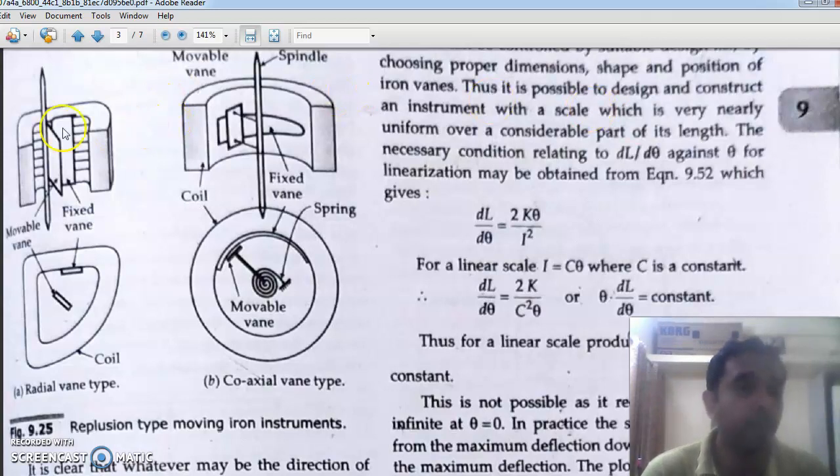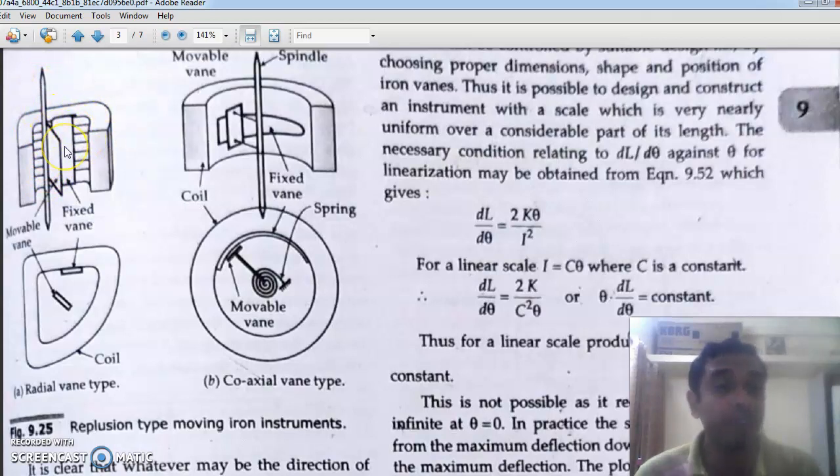Here we again have the stationary coil which carries the current, and we have two vanes placed in the magnetic field. One is fixed and the other is moving. The movable vane is fixed to the pivot, which carries a pointer. What happens when current is flowing through the stationary coil?